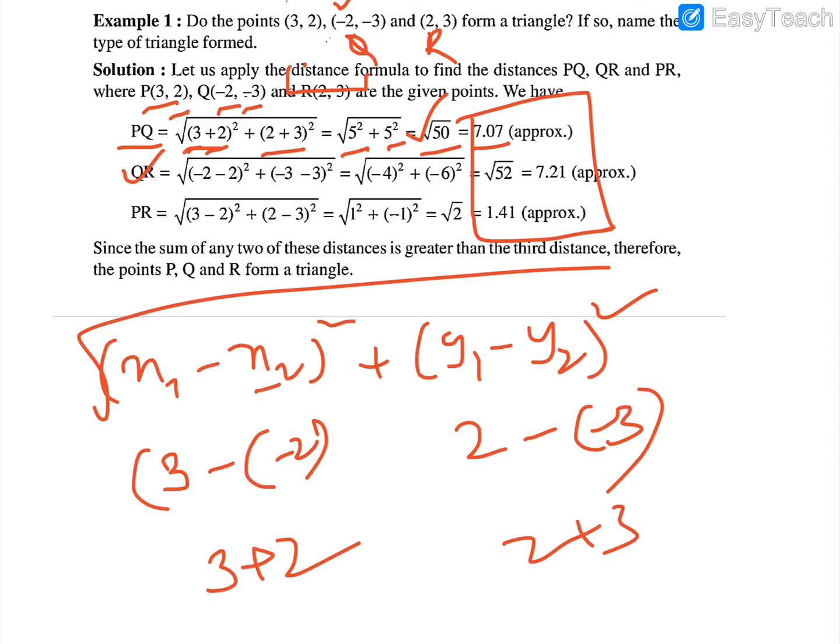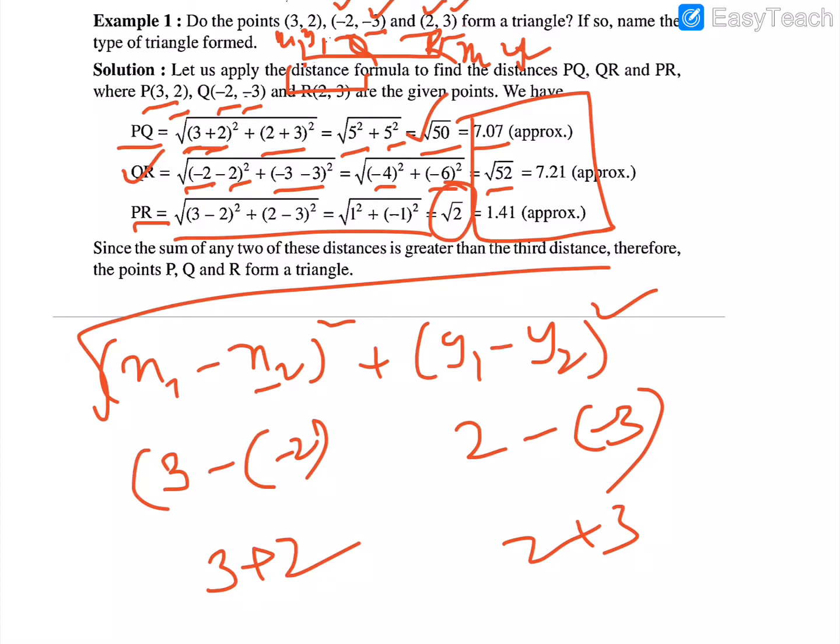Similarly QR, let us take these two points, x1 y1 and x2 y2. Now x1 minus x2 whole square, that is minus 4 whole square, and y1 minus y2 whole square, minus 6 whole square. It is root 52. Similarly for PR, between these two points they have found the distance as root 2.